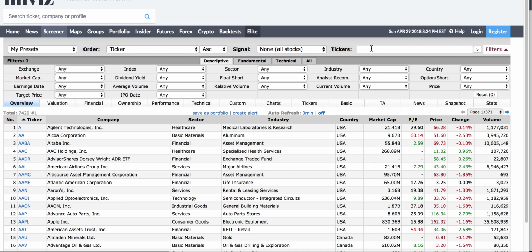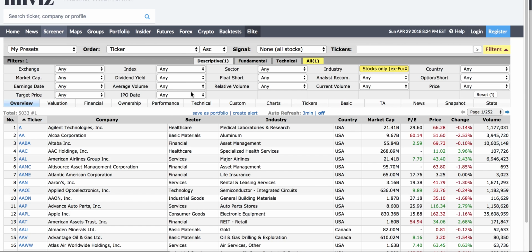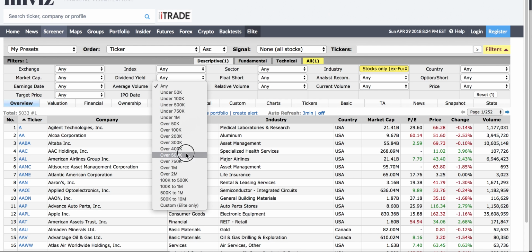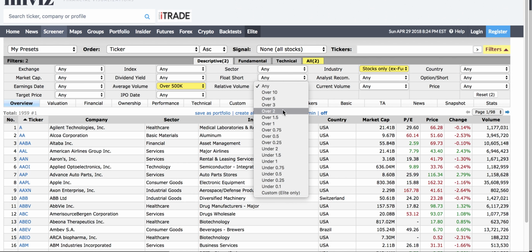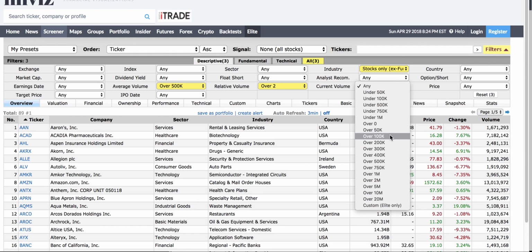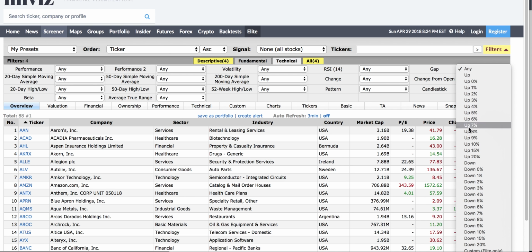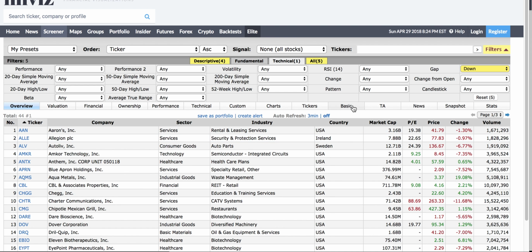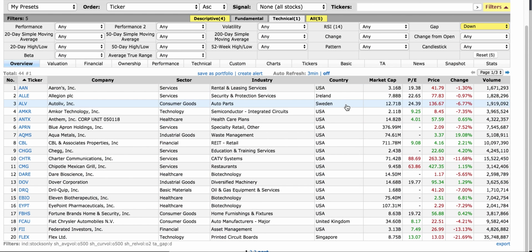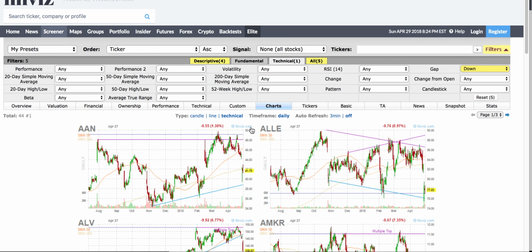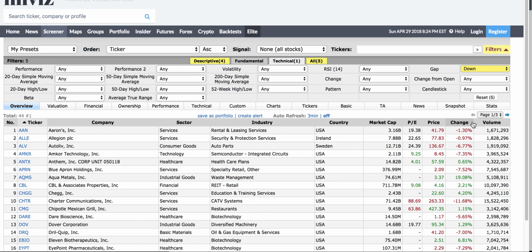Then you are looking at the screener, industry stocks only, average volume over 500, RVOL over 2, current volume over 500, and looking at stocks which are gapping down. Right now you still see the same number of stocks, 44, and then you look at charts. There are a couple of ways you can do it.